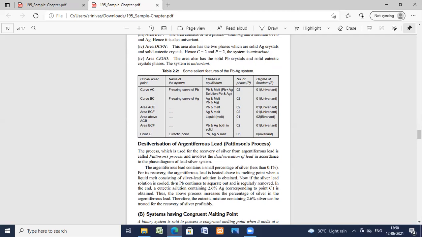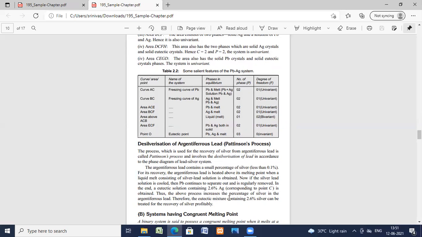As we separate the lead continuously and regularly remove it, in the end the eutectic solution contains 2.6% of silver, and this is obtained. So the above process increases the percentage of silver in the argentiferous lead.